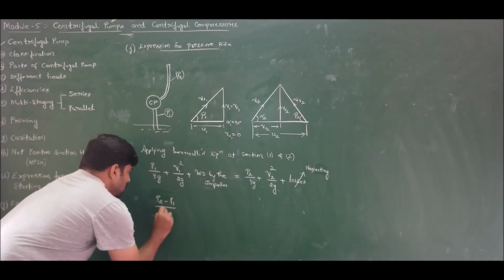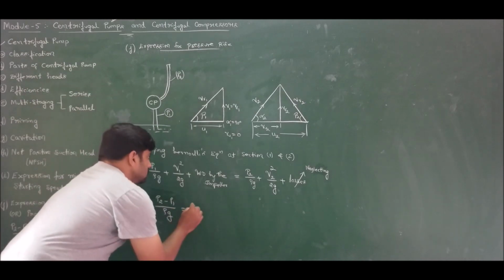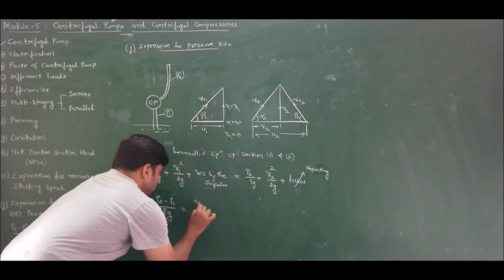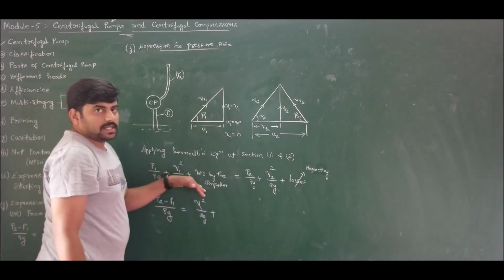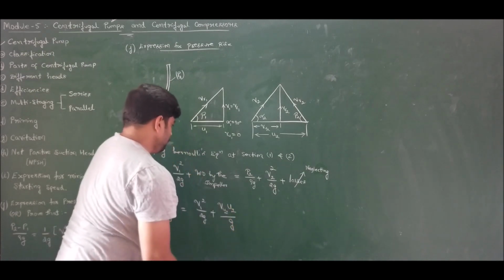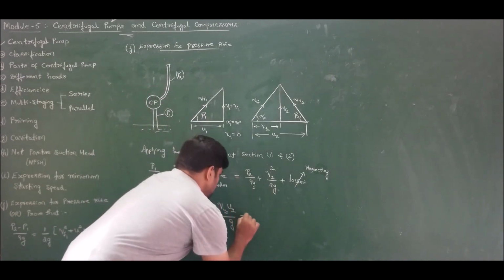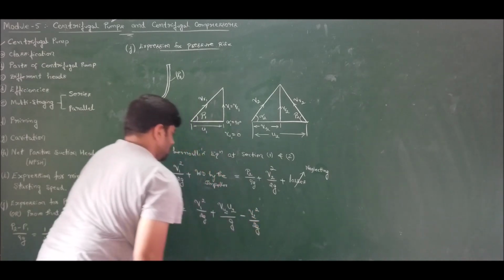P2 minus P1 by rho g is equal to V1 square by 2g. Now work done by impeller head form is known to us, that is Vu2 U2 by g minus V2 square by 2g.